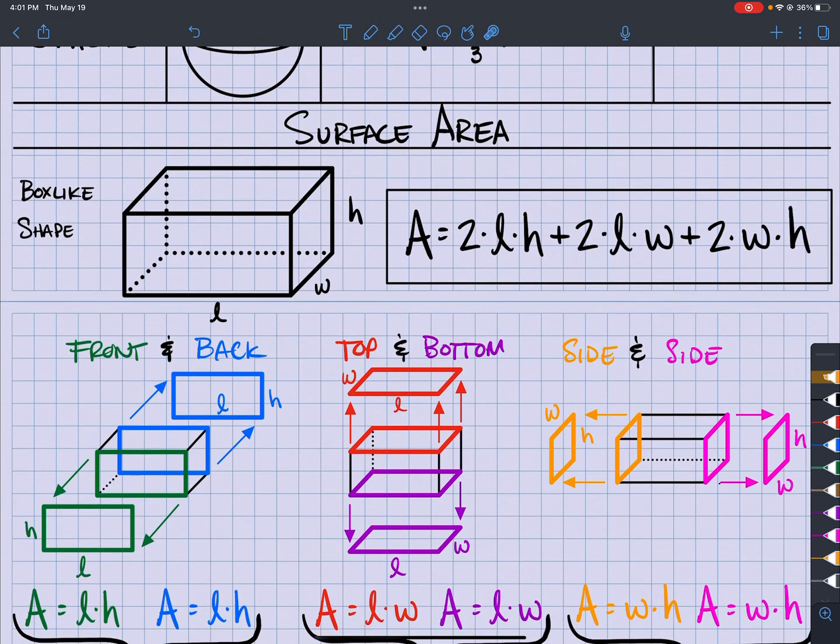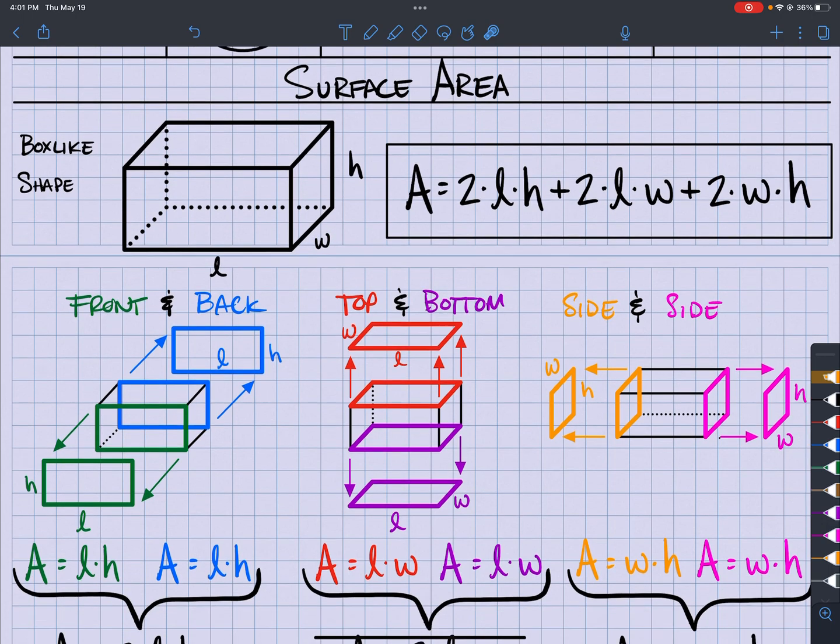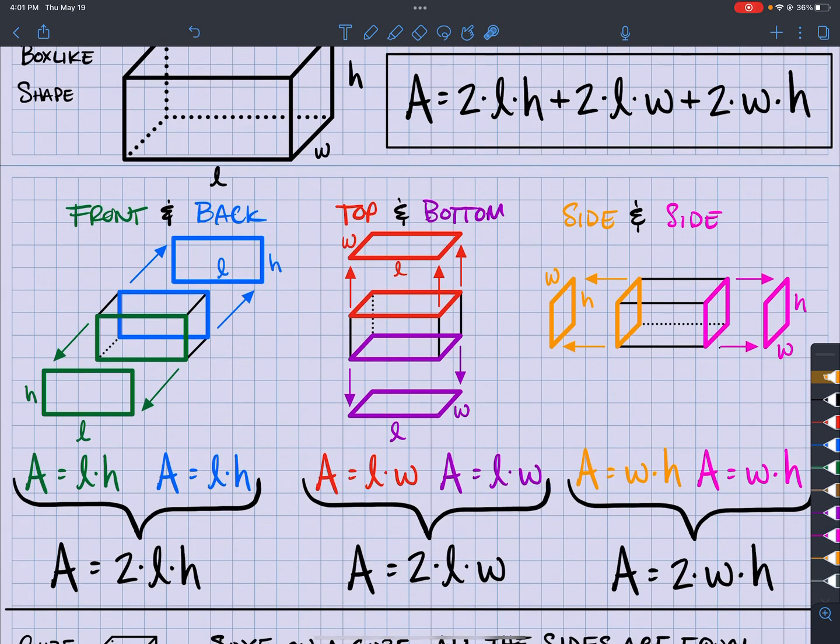And then over here with top and bottom, I'm taking this top piece here and pushing it up, and this bottom piece here and pushing it down. Seeing again, I have two pieces with the same area, which is length times width. And again, I got two of them there.